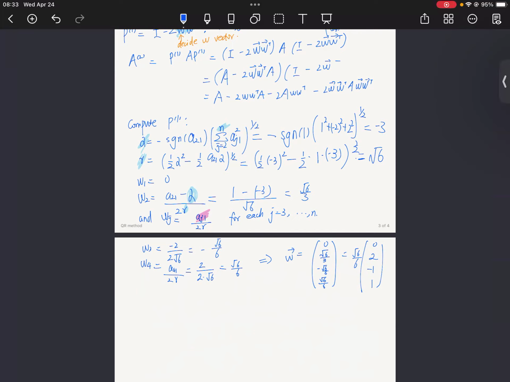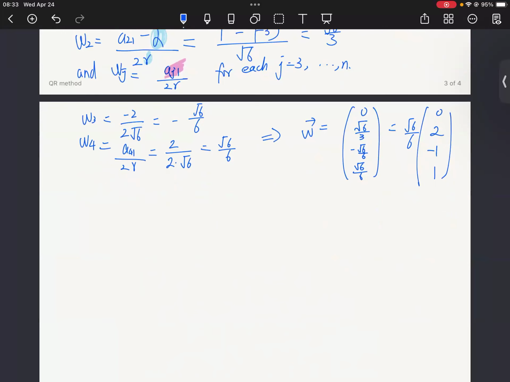And the Householder transformation looks like this. P1 is the identity matrix, and the identity matrix in this example looks like this. And then minus 2W times W transpose, right?